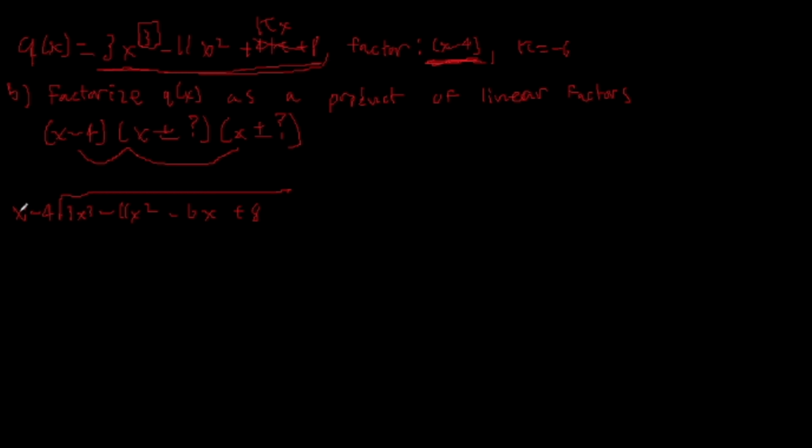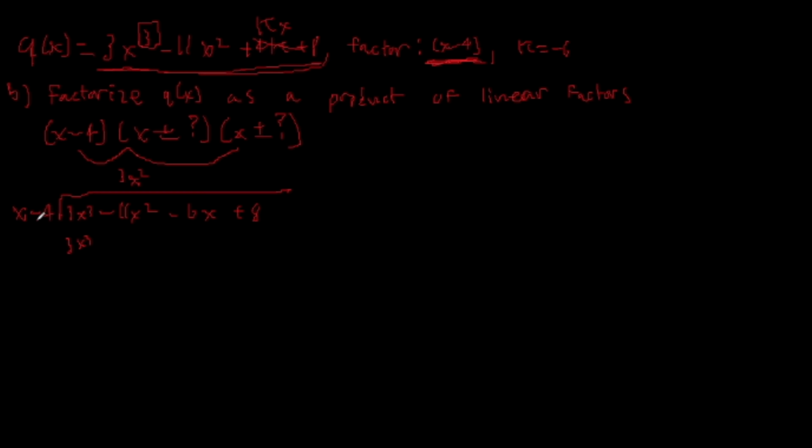So how we're going to do it is we're going to look at the first term, the 3x cubed, and ask how many times does x go into 3x cubed? Well, it goes into it 3x squared times. So on the top, above the 11x squared, we're going to put 3x squared. Then we multiply the x by 3x squared, so we get 3x cubed.